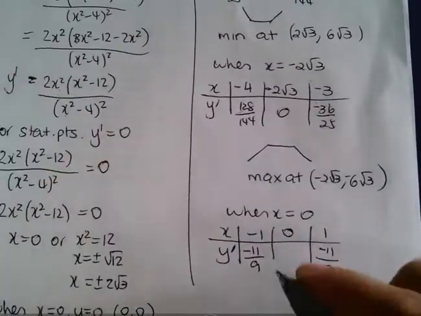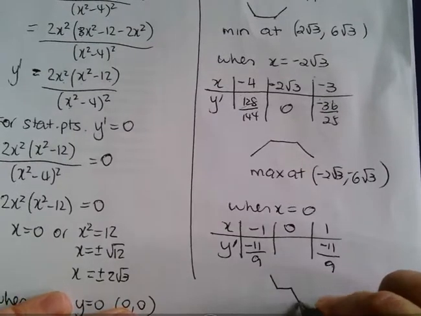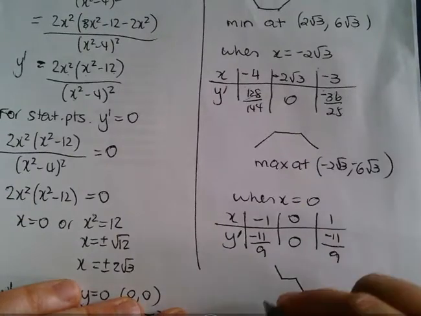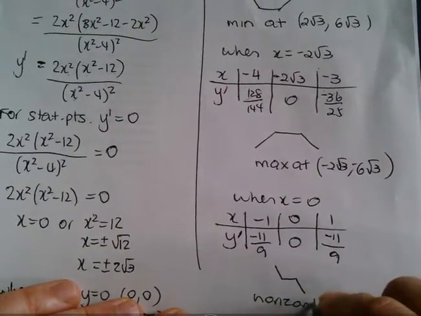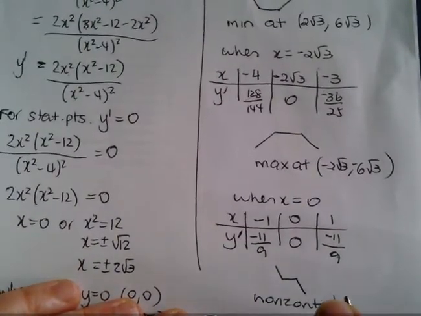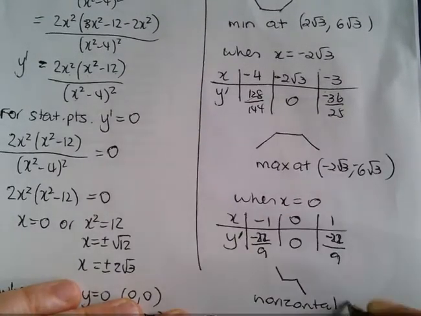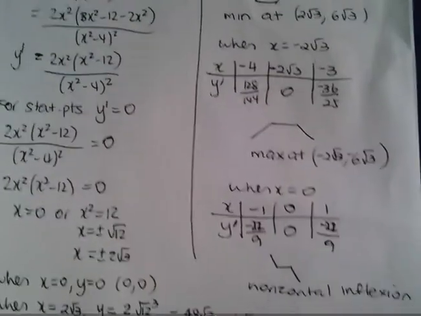So this looks like negative gradient, 0 gradient, negative gradient. This looks like a horizontal inflection. Yes, negative 22. Horizontal inflection by the looks of things.